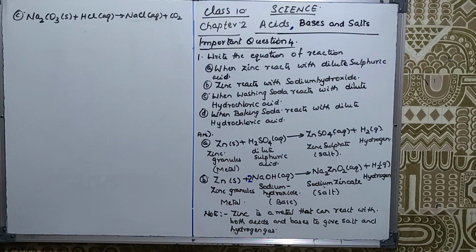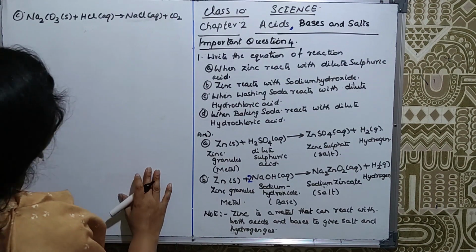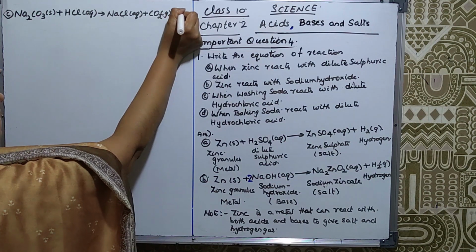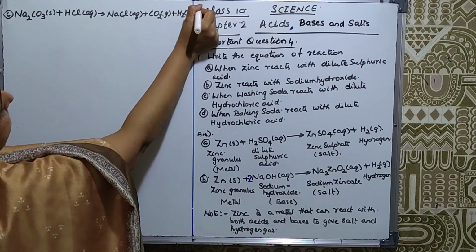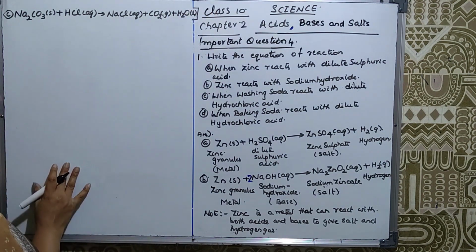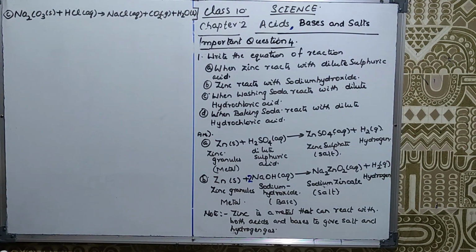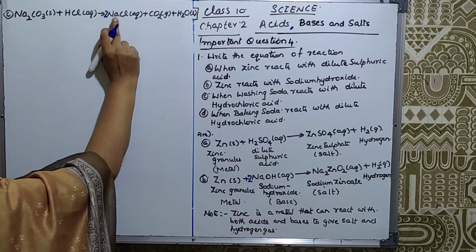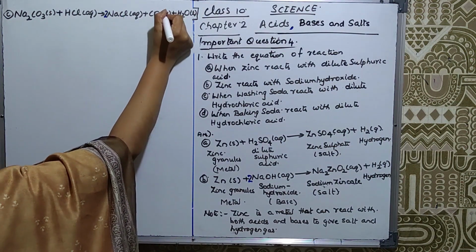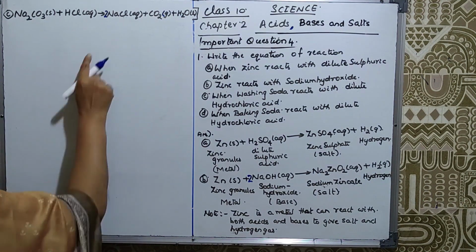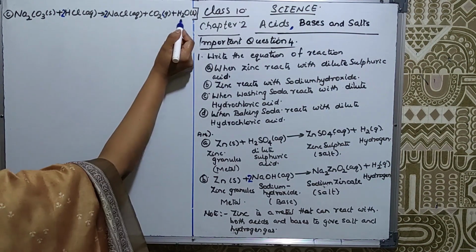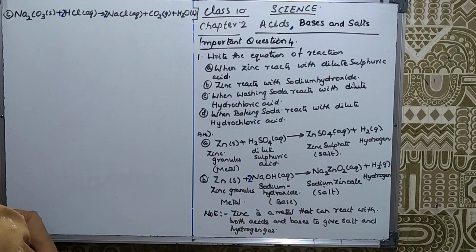Sodium chloride plus carbon dioxide gas plus water in the liquid form. Here we have to balance the equation. Sodium carbonate has 2 Na, so 2NaCl. Now Cl became 2 times, so 2HCl. Now Cl is 2 times, hydrogen is also 2 times, so now it is balanced.